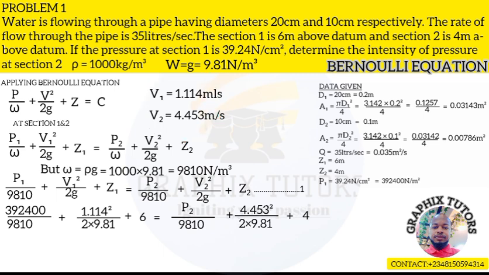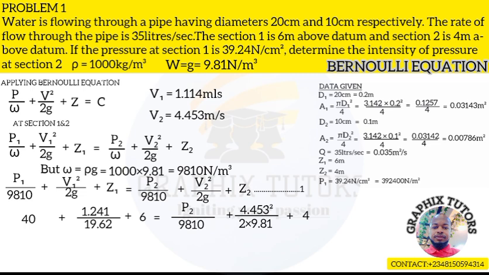Now, if we divide 392,400 over 9,810, we'll have 40, plus 1.114 square, which is 1.241, over 19.62.